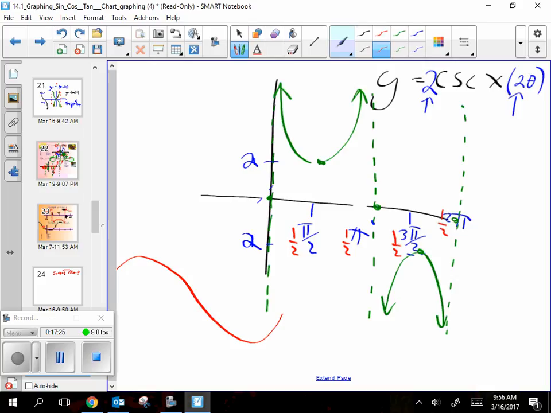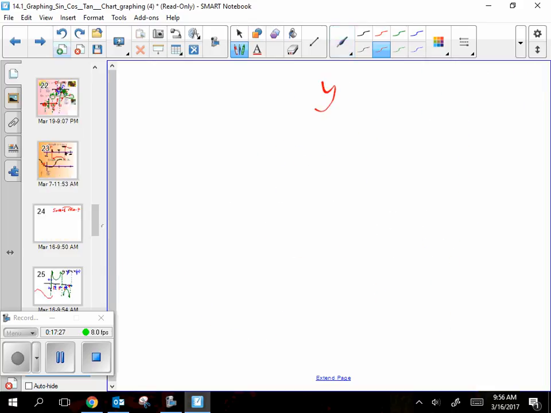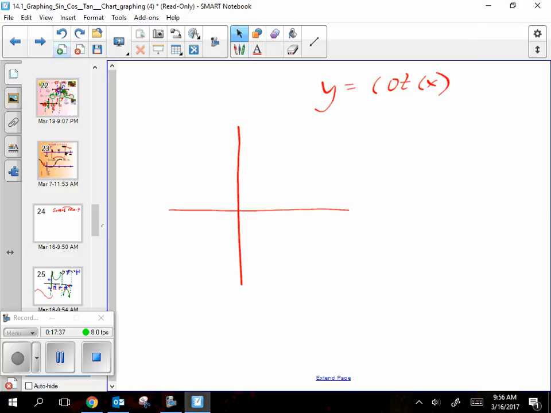All right, and the last one is cotangent. Cotangent is a flip of tangent, or it's a reciprocal of tangent. So I got to start my tangent graph. But instead of taking tangent's graph and flipping it over, it's easier to do this as, you remember the tangent was sine over cosine?